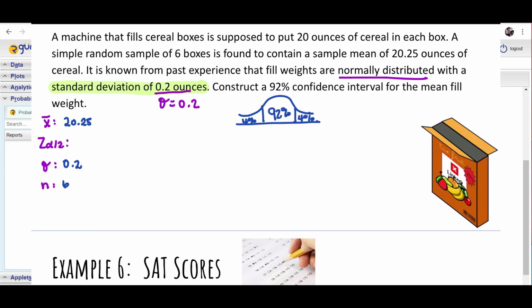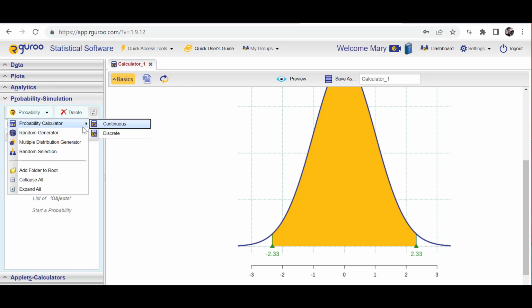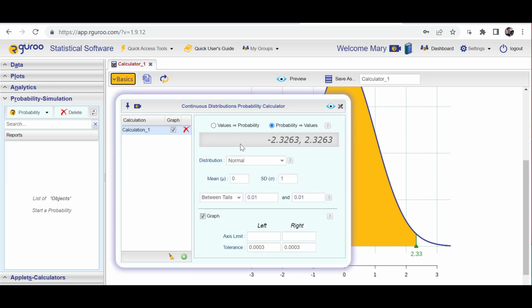So I'm going to go back here to our guru, and we would go to probability simulation, click here, do the probability calculator, click on continuous. This box pops up. We're going to do probability to values. Mean is 0, standard deviation is 1, distribution is normal between tails.